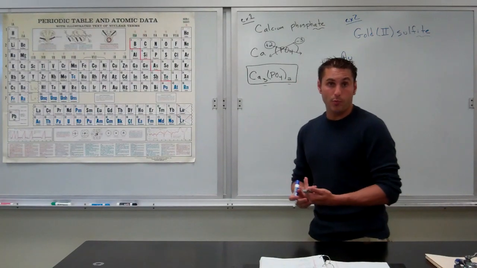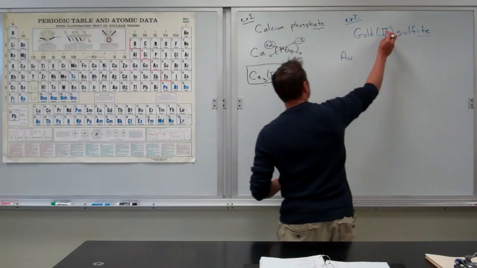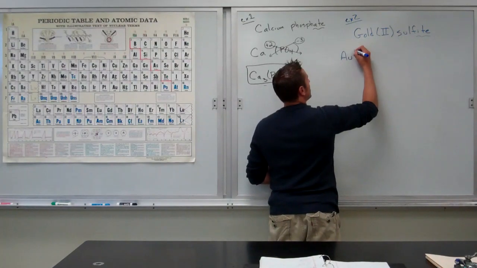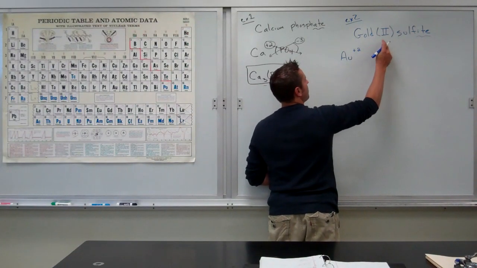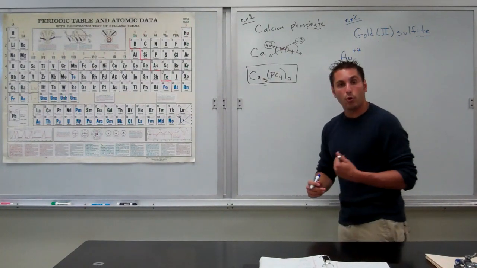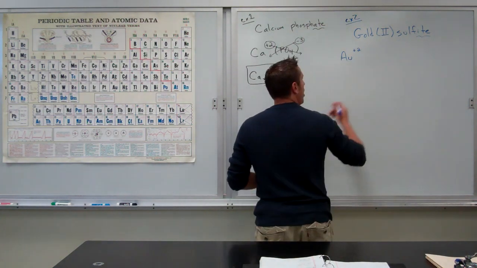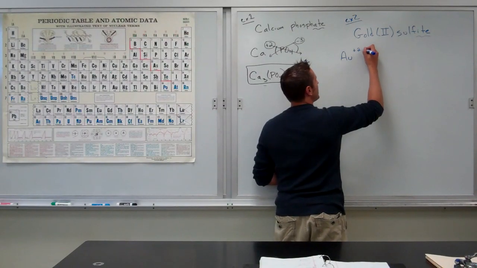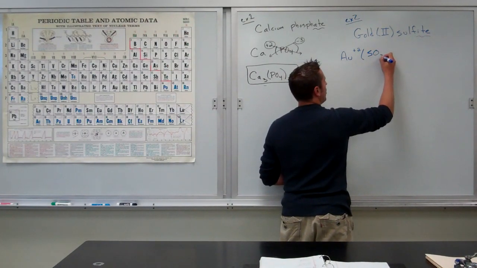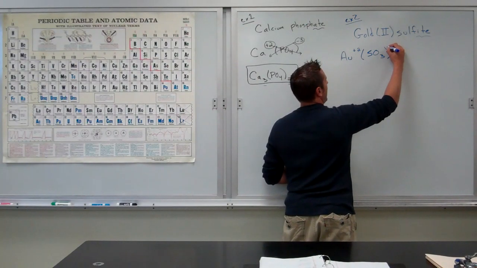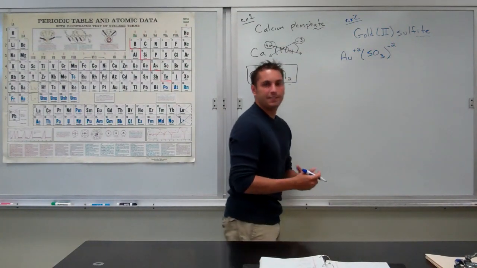So there better be a Roman numeral that tells us the charge, and sure enough, there is. So the charge on gold is going to be +2, because the Roman numeral II is what 2 is. Then you have to know what your polyion sulfite is. The polyion sulfite is SO3, and it carries a charge of -2.